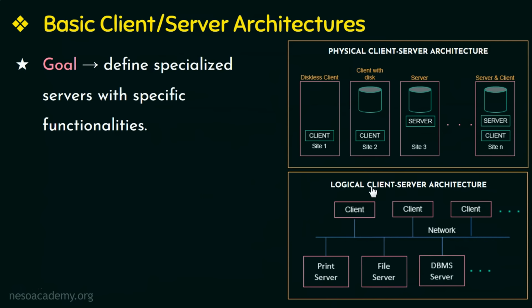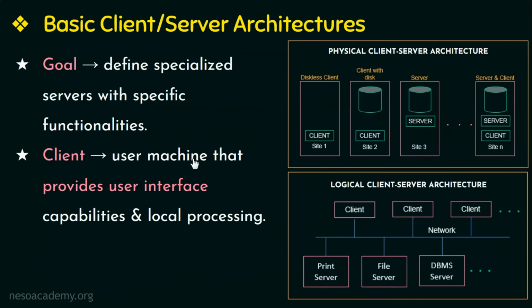This diagram illustrates the client-server architecture at the logical level, and this diagram illustrates the client-server architecture at the physical level. A client is usually a user machine that provides user interface capabilities and local processing. So when a client requires access to any additional functionality that does not exist in its machine, it connects to a server that provides the necessary functionality as required by the user.